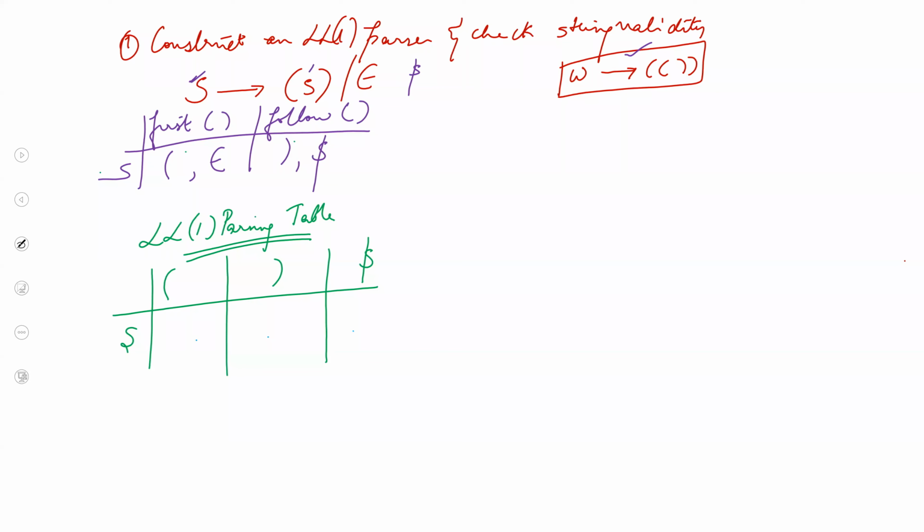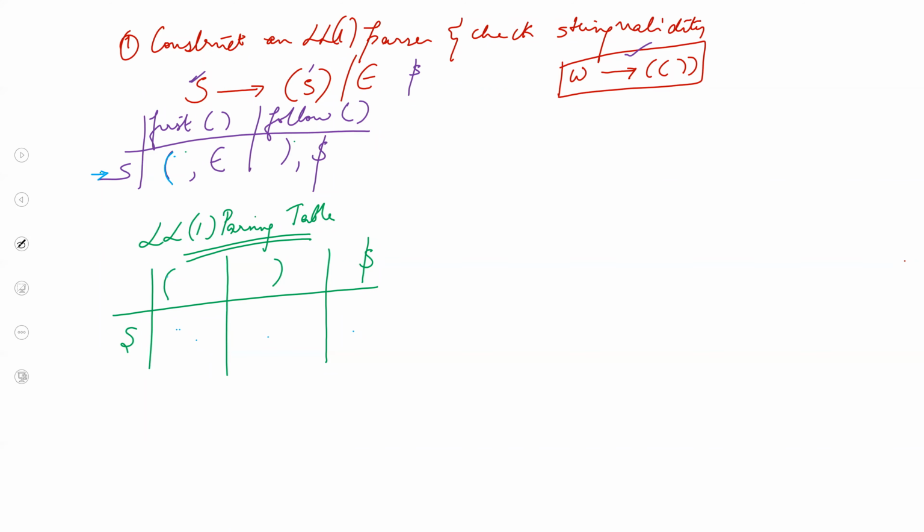Okay, now take the first portion. Now, in first, you have an opening bracket corresponding to S. So, over here, you will be writing, that is, you have an opening bracket over here.